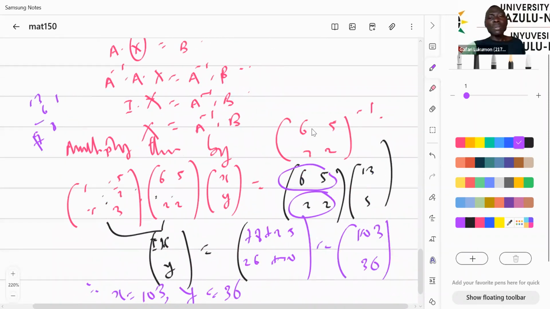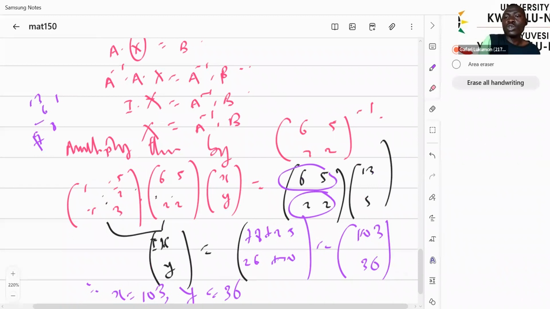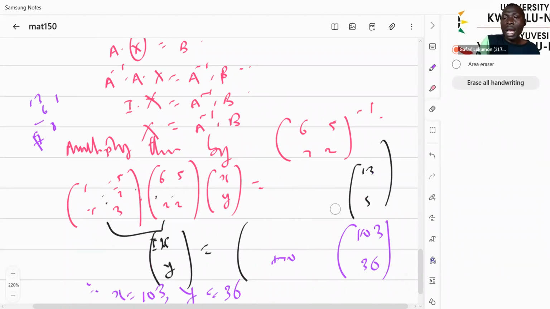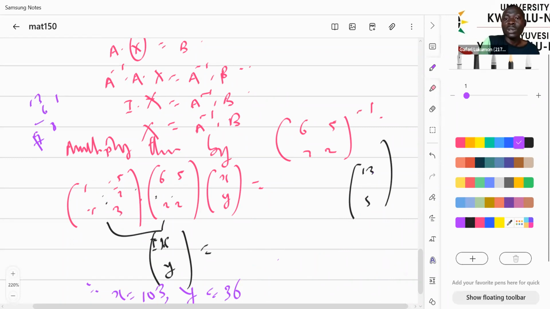Oh, I made a mistake here and you guys didn't correct me. I was multiplying through by the matrix itself. It was strange to me because I was thinking you should not have this big number. We are multiplying through by the inverse. We're supposed to multiply this guy by the inverse, not the matrix itself. We are multiplying by 1 minus 5 over 2 minus 1, 3.